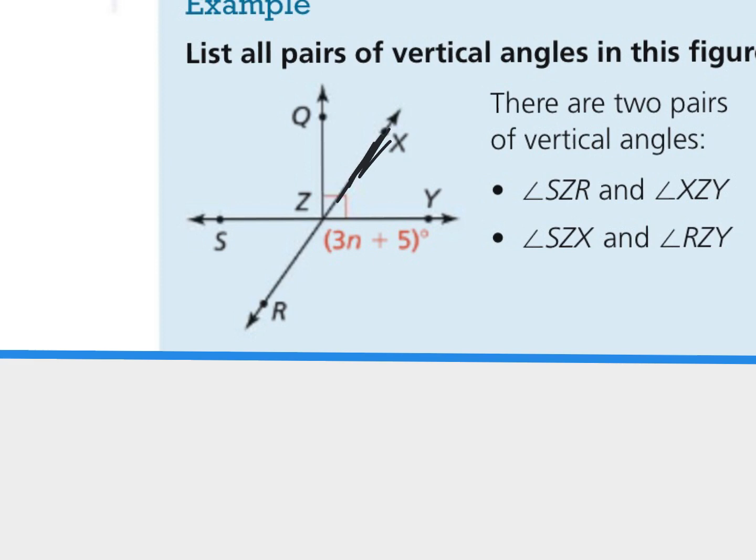So XZY is here, then SZR or RZS would be a vertical angle, because if you just continue those lines out further, that forms those vertical angles. Okay, so if this is 55 degrees, then this also would be 55 degrees.